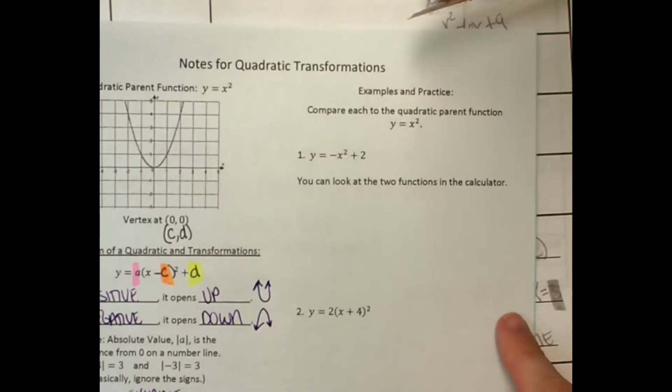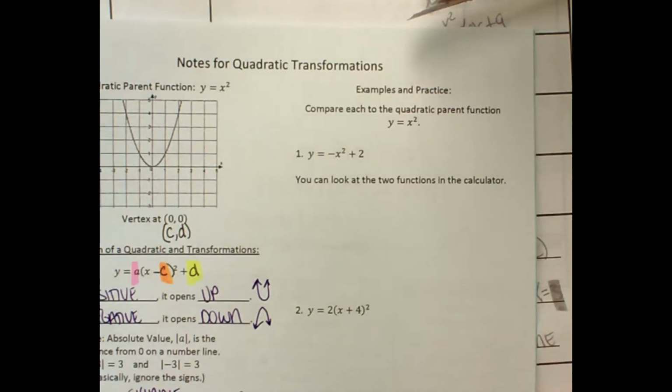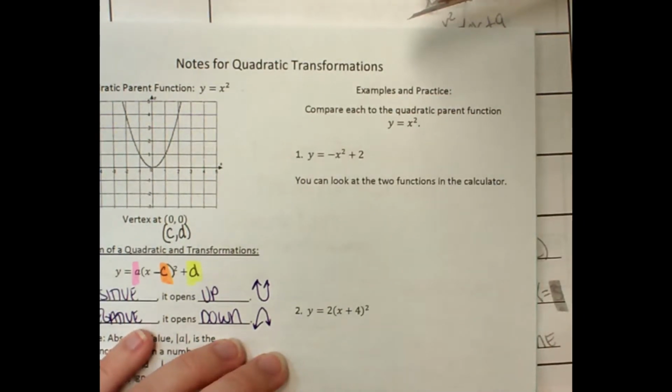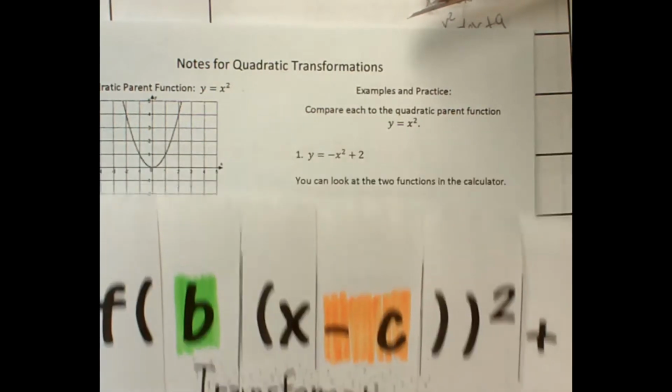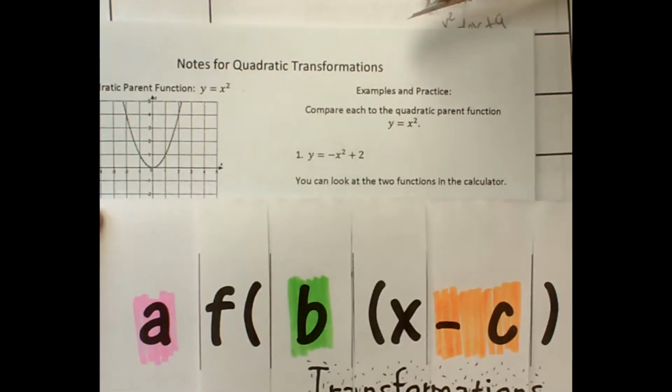So let's look at our examples. Number 1. All right, so we have negative x squared plus 2. So what we need to remember is our foldable.